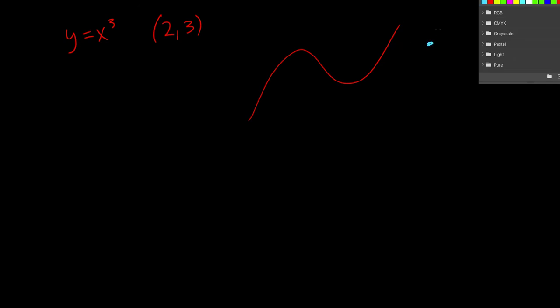We have some point over here that's 2, 3, and then it's going to be tangent somewhere. Okay, and ultimately, we want to know the equation to this. Oh wait, this is x squared. Sorry about that. So this is actually a parabola.